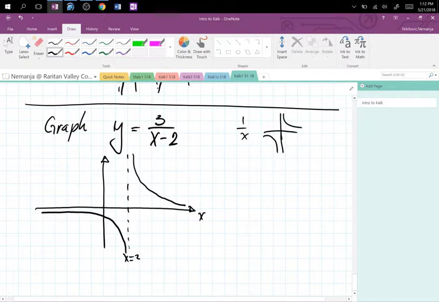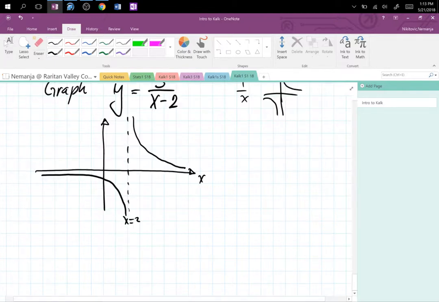The function looks the same as the original one, except it is moved over. And now times 3, well, the 3 is just going to introduce less of the curvature here, so it's going to be flatter because all of the values rise 3 times as fast. So to graph any of these, oh, I forgot the absolute value.